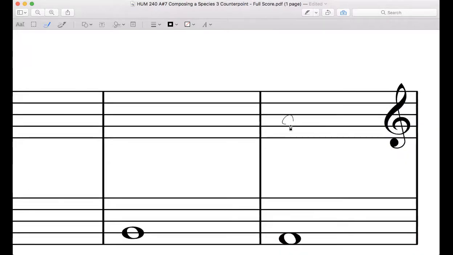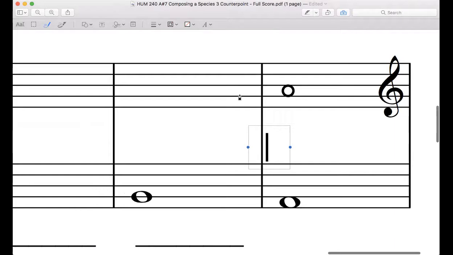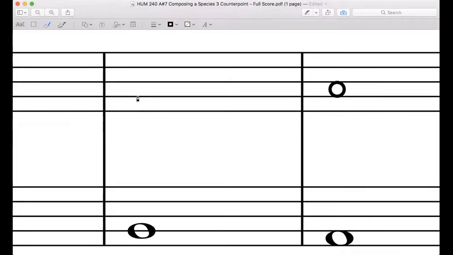Okay, so here's our A. And what do I know? Well, probably we're going to use the double neighbor figure here. In fact, if you just copy this, that's fine with me, because this is typically how you end third species. So we're going to go double neighbor, which means we're going to start with the leading tone. And notice we're headed upwards. So it's going to be the ascending double neighbor.